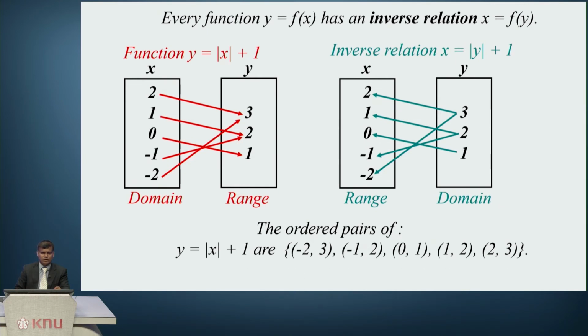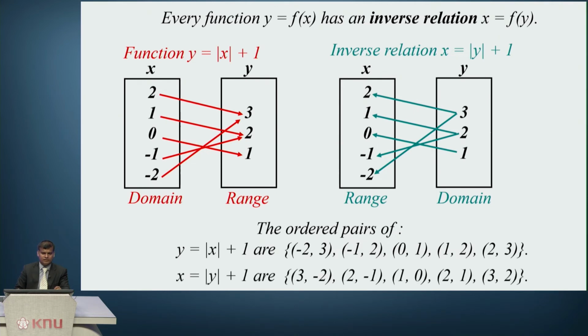So with this thought, we can see again the ordered pairs of x equals absolute value of y plus 1. There you have 3 comma minus 2, 2 comma minus 1, 1 comma 0, 2 comma 1, and 3 comma 2.